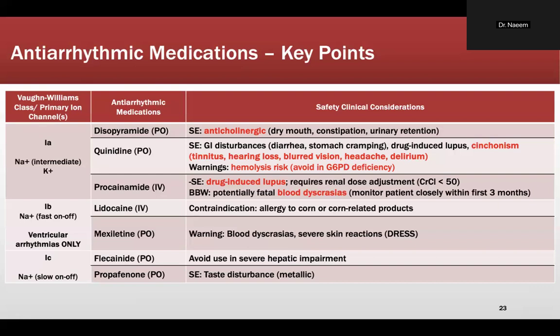There's procainamide, which can cause drug-induced lupus, and it can also cause blood dyscrasias. So those are some things unique to it. And then you can see the rest of them just there for your reference. Again, if there's something specific that I would like for you to know, I will be sure to indicate it on the guide.